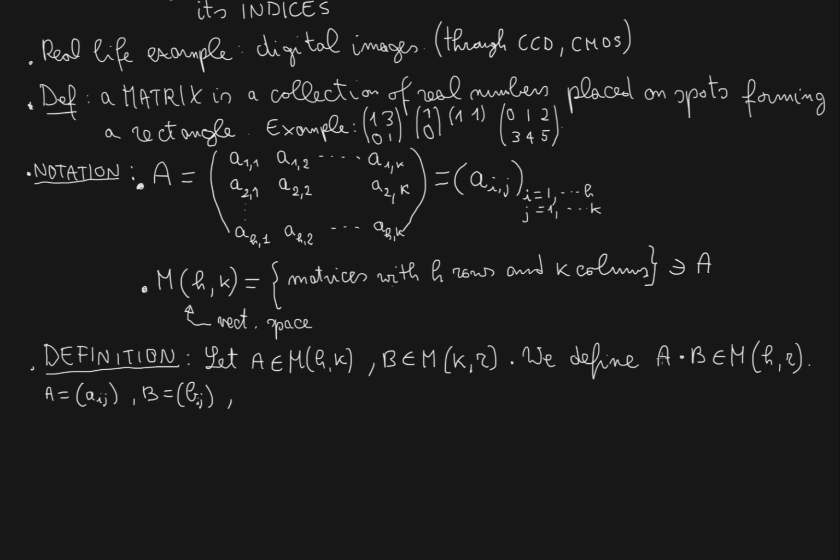We introduce notation for A times B as well. So A times B will have coefficients which we will call Cij. Now we'll have to define how to compute Cij from the a's and the b's.